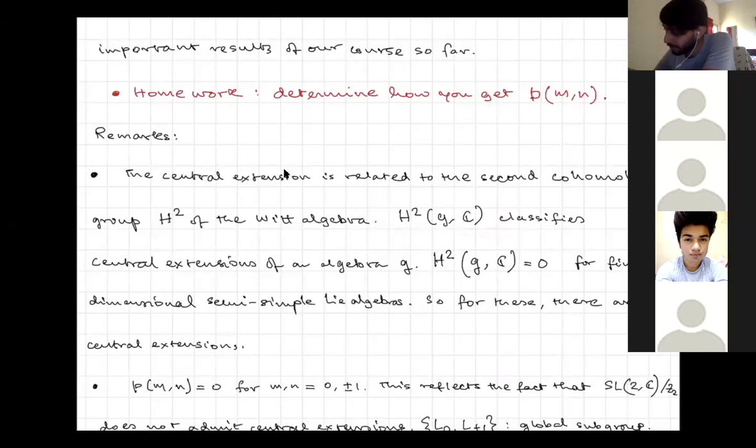Take that as an exercise; we can have a side class if one of you would want to read up on it and tell us what is happening with second cohomology groups.